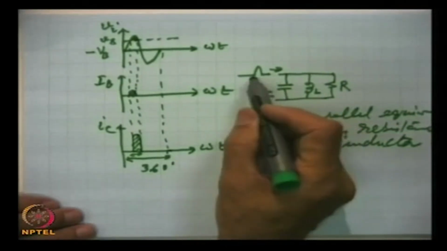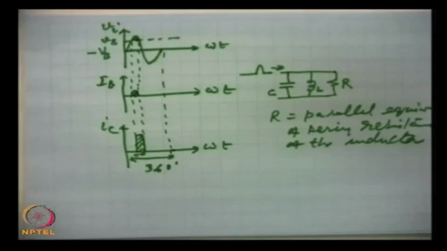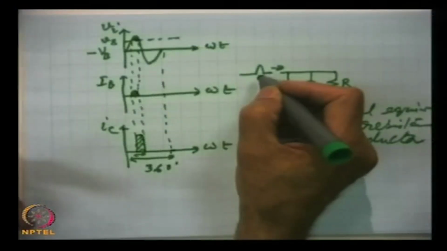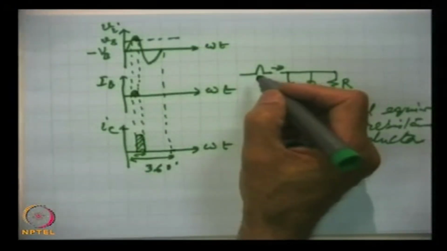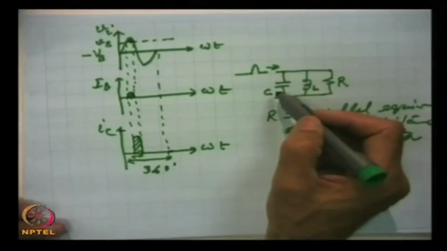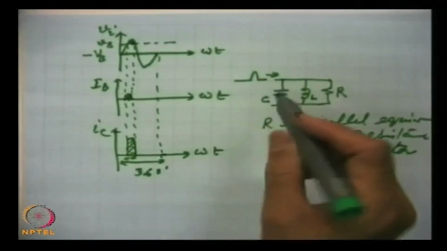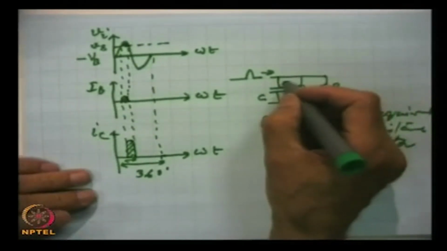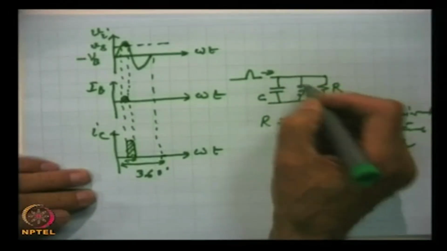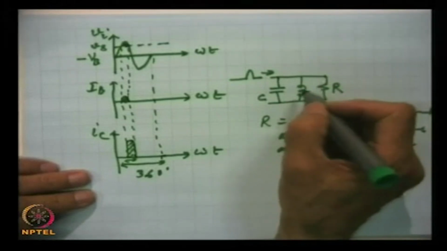So, this current pulse strikes. A short current pulse is like a high frequency signal, because the inverse of this time is the frequency. So, shorter is the pulse, higher is the frequency. For that, the capacitor will act as a short circuit, and the current will flow through the capacitor, and the inductor will appear as a large impedance.